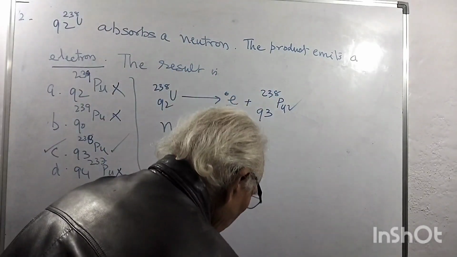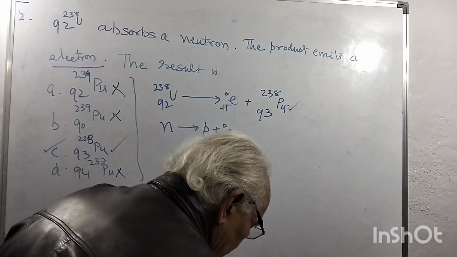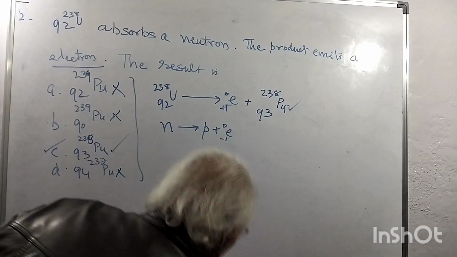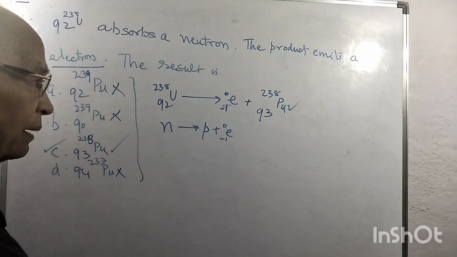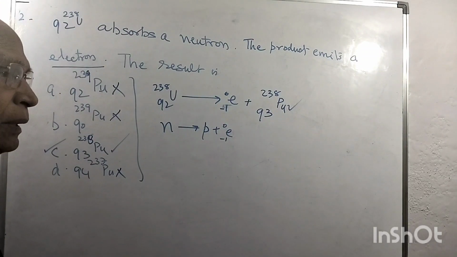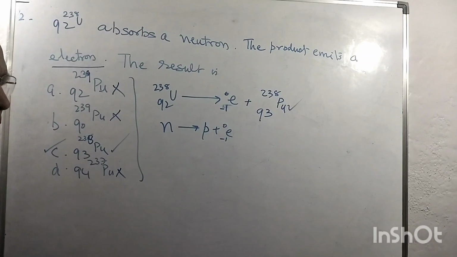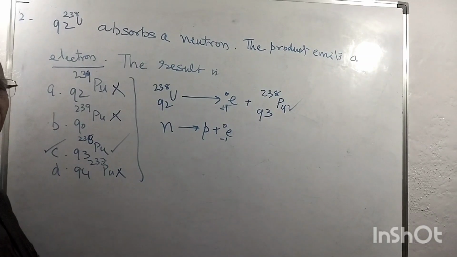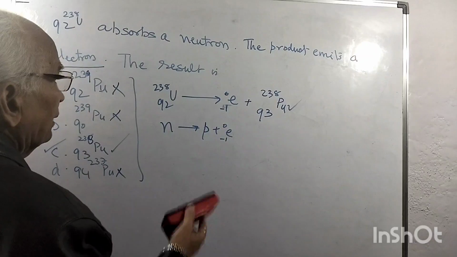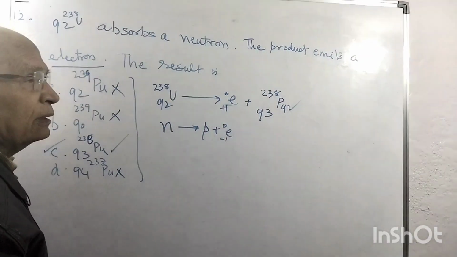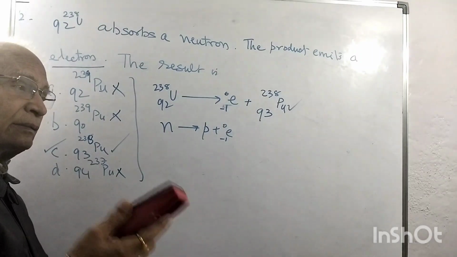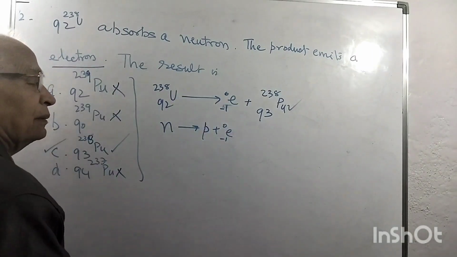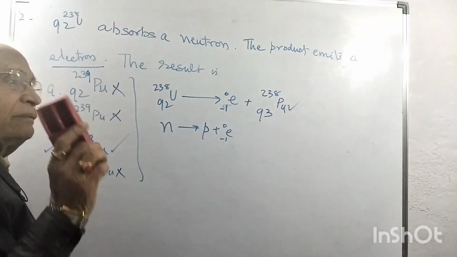We should be careful, because when electron emission takes place, it means beta decay is happening. Otherwise electron will not emit by itself. That is not possible. Electron will not come out from the atom because it is bound. Electron comes out by some process, for example by bombarding some particle, and that is a different thing.